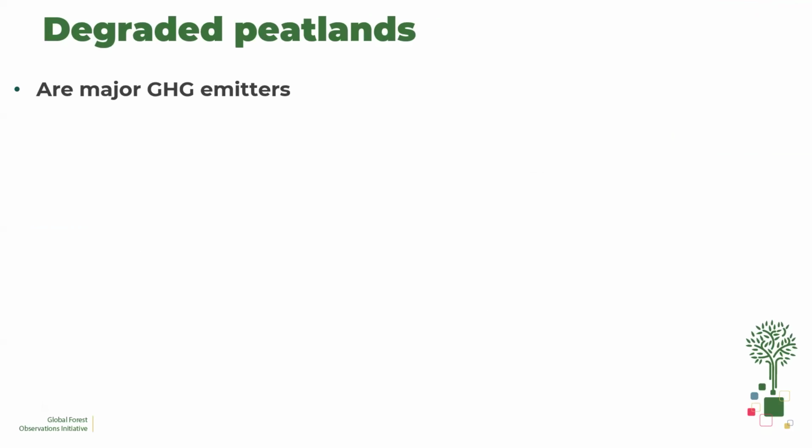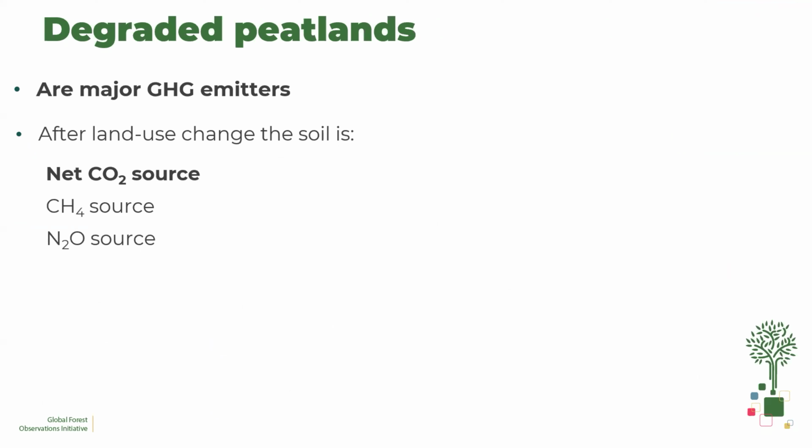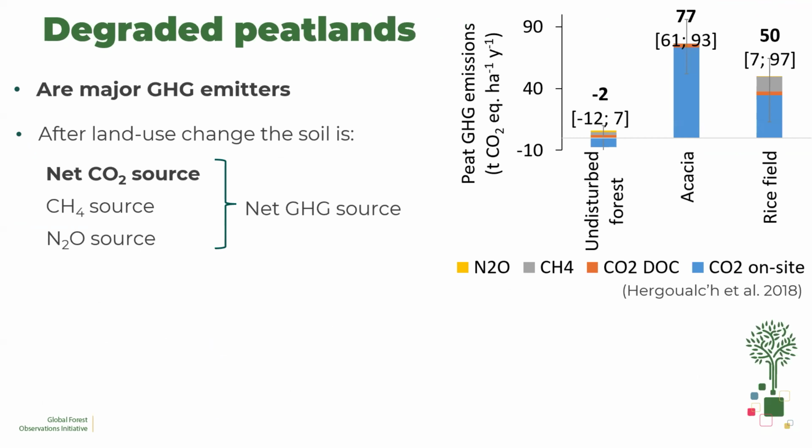Degraded peatlands are major greenhouse gas emitters. After land use change, the soil is a net CO2 source, a methane source, and a nitrous oxide source. So it's a net greenhouse gas source. And you can see here a comparison with the undisturbed forest I showed before.